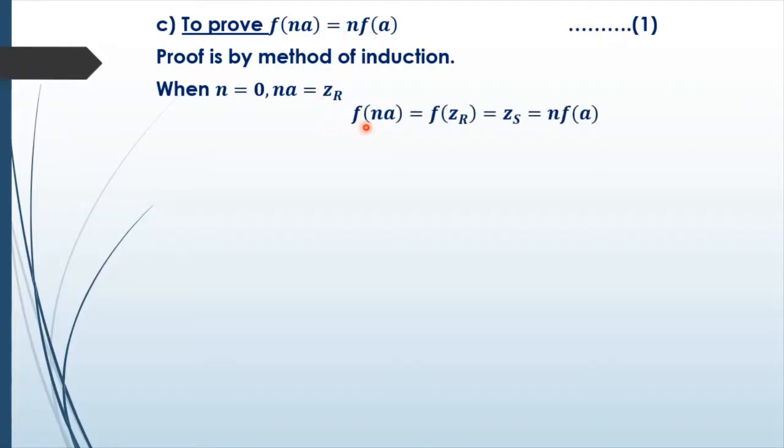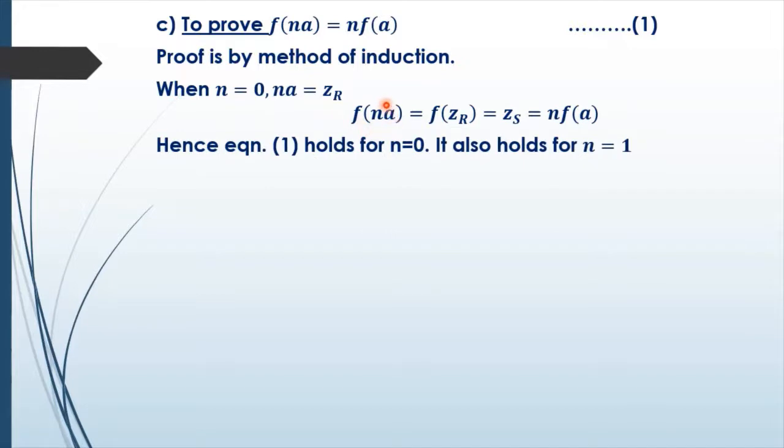So f of na will be f of Zr. Zr is nothing but Zs. We can write it as 0 into f of a, where n is equal to 0. So this is equal to n into f of a. So for 0 it is true, and for 1 it also holds. That is, the left side will have f of a, and the right side will also have f of a. Hence it is true for n equal to 1.